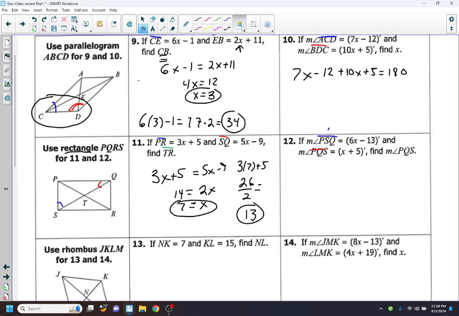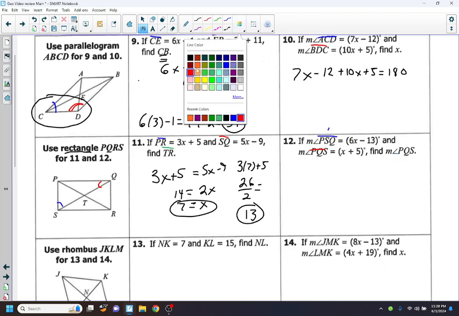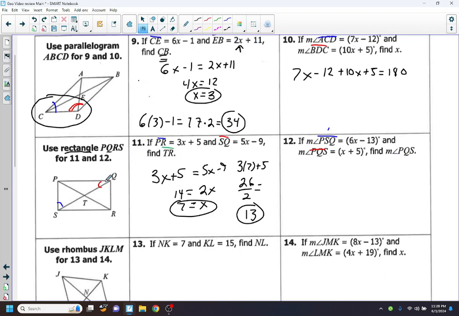Okay, so in this scenario, we kind of mentioned it in the past, that Q and S in total would be equal. But the trick here is I'm not talking about the whole angle S or the whole angle Q. All I'm talking about is the little part here and the little part here.